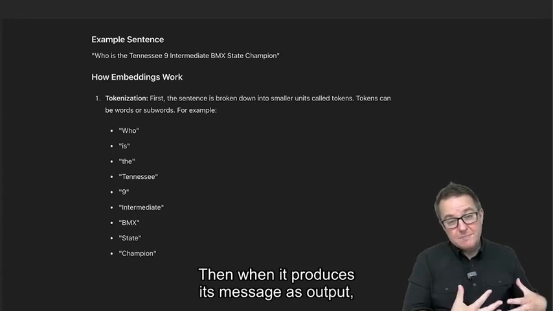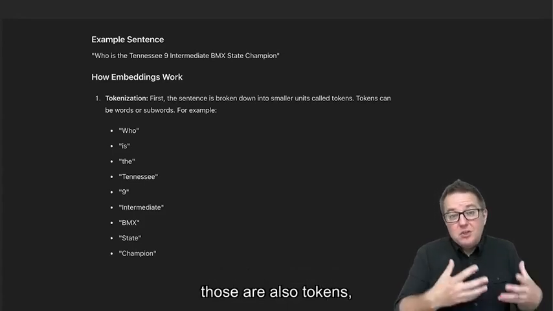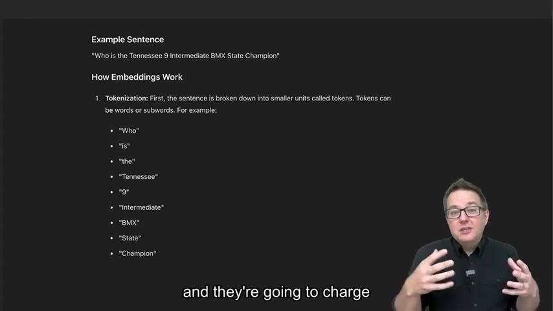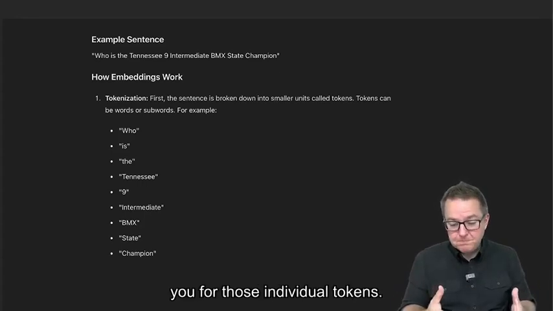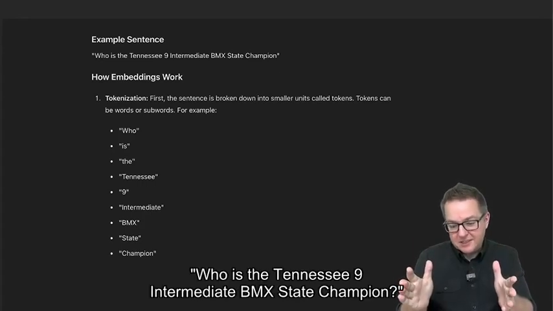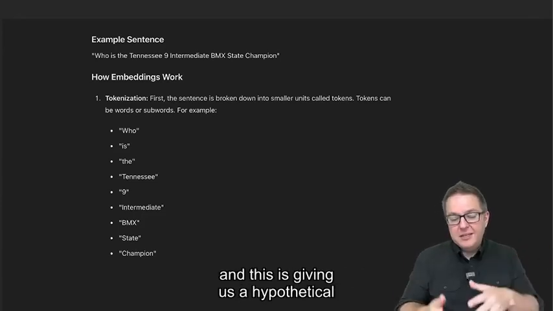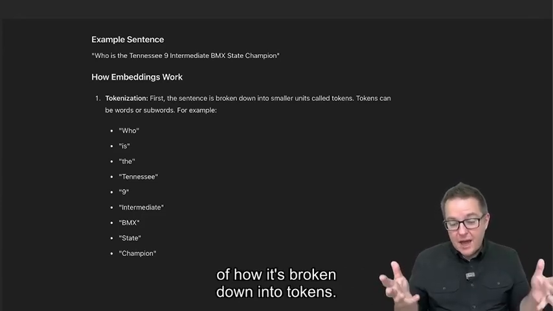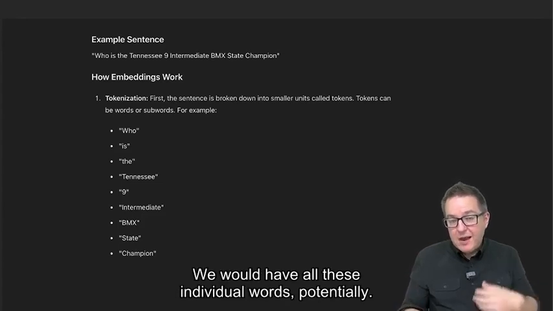And when it produces its message as output, those are also tokens, and they charge you for those individual tokens. So a sentence like this would be broken down, and this is a hypothetical of how it's broken down into tokens. We would have all these individual words potentially.